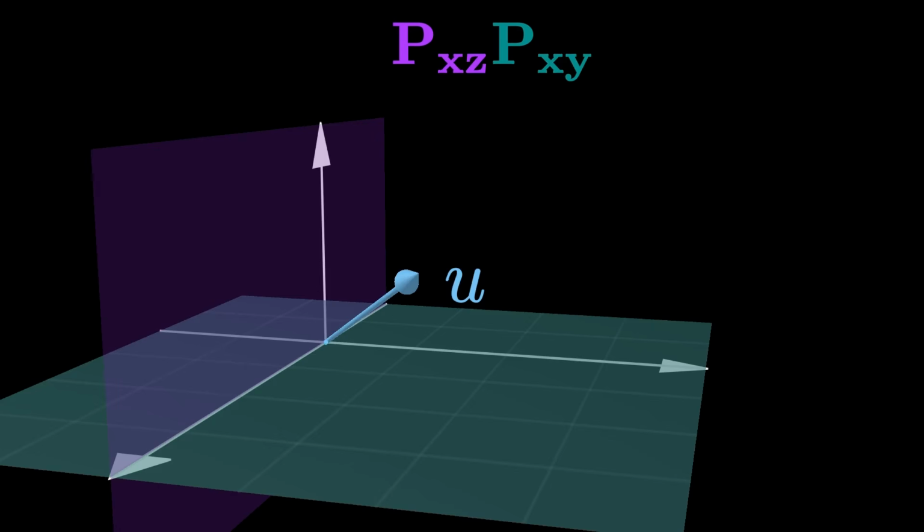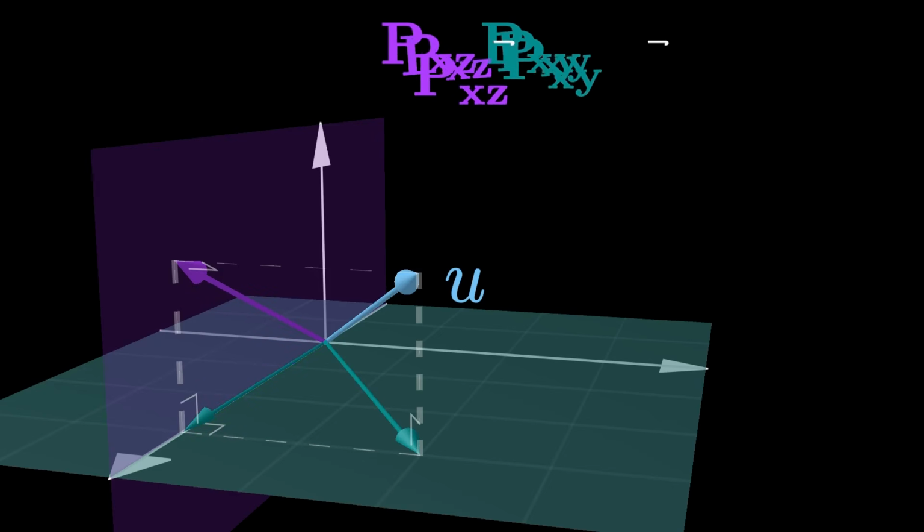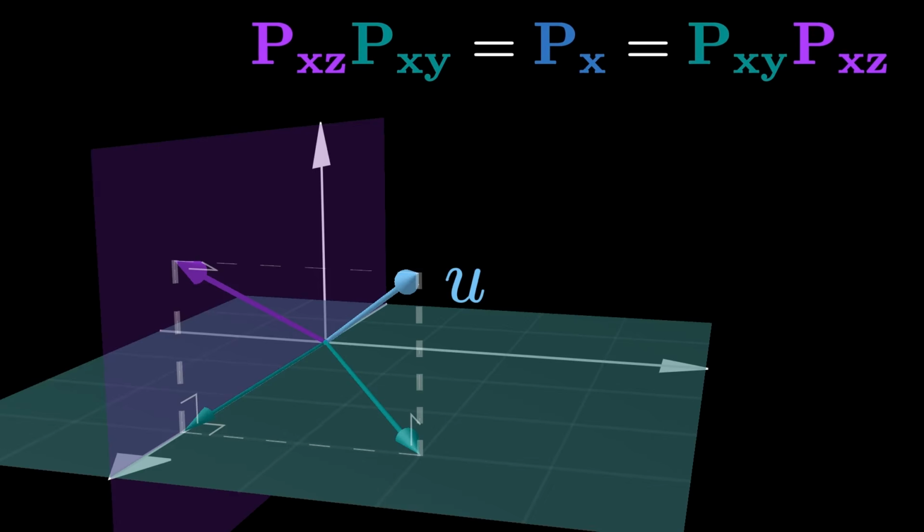In this particular case, you can either project to the xy plane and then to the xz plane, or you can project to the xz plane and then the xy plane. And either way, the result you get is the same as if you had just projected to the x-axis, the overlapping part.